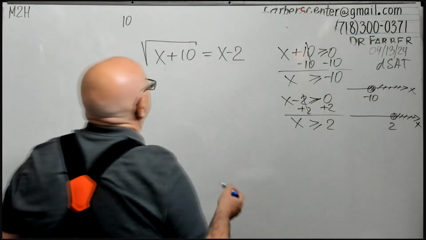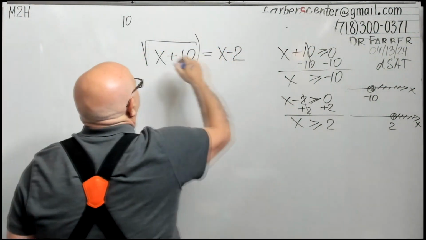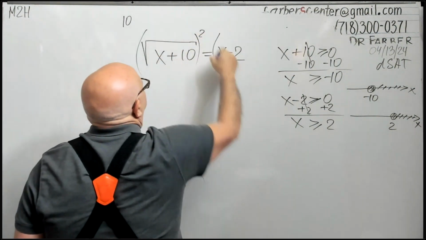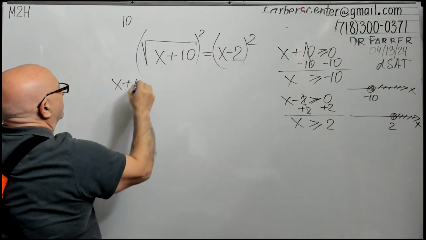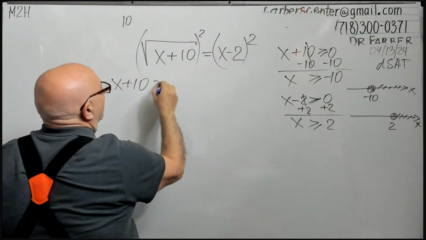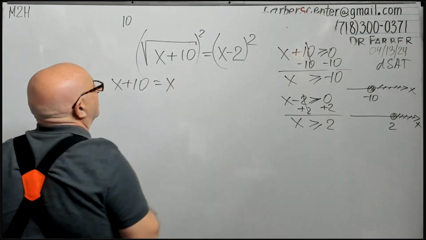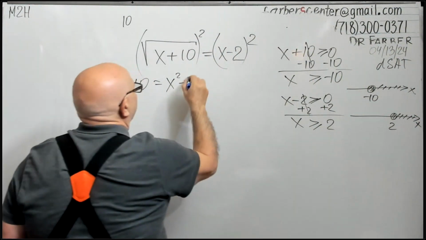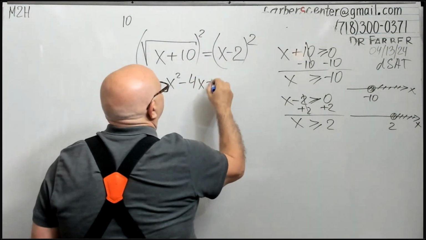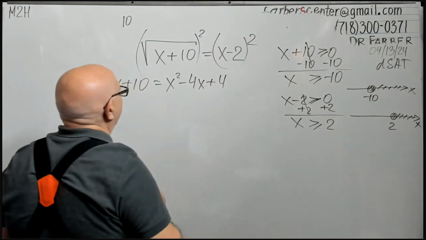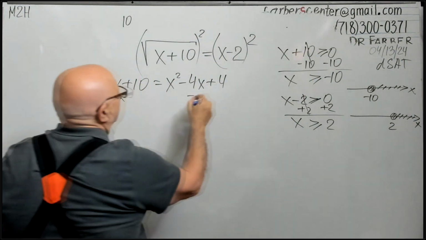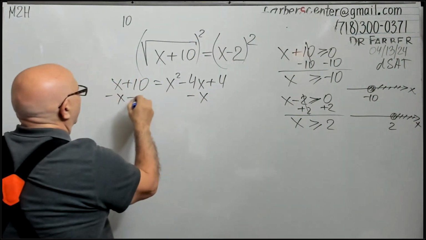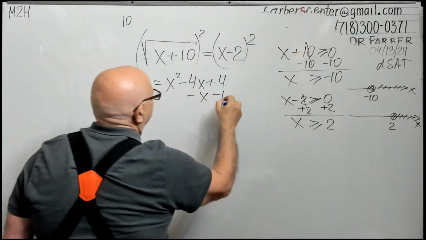Now, how do we solve this? Put both parts to the second power. You have x plus 10 equals, applying this formula, x squared minus 4x plus 4. Minus x and minus x, minus 10 and minus 10.